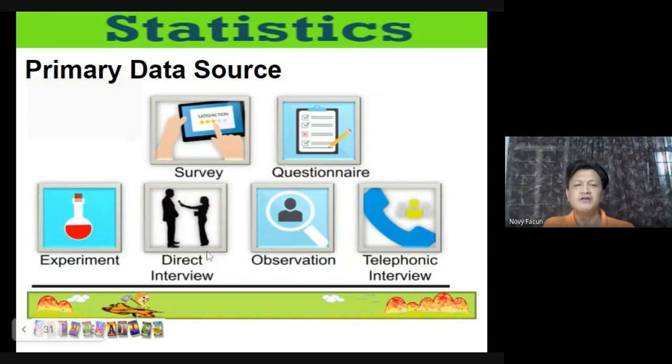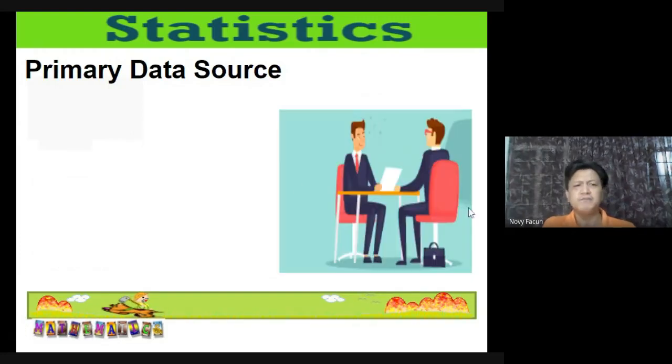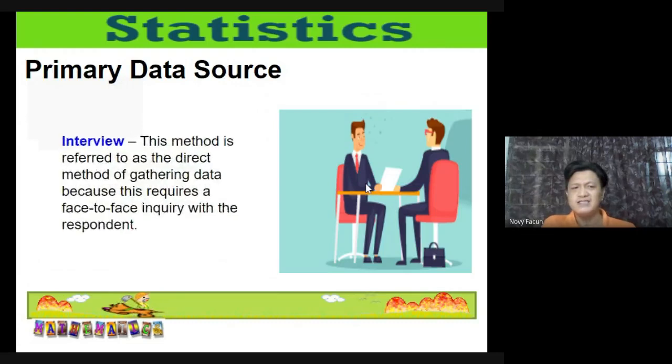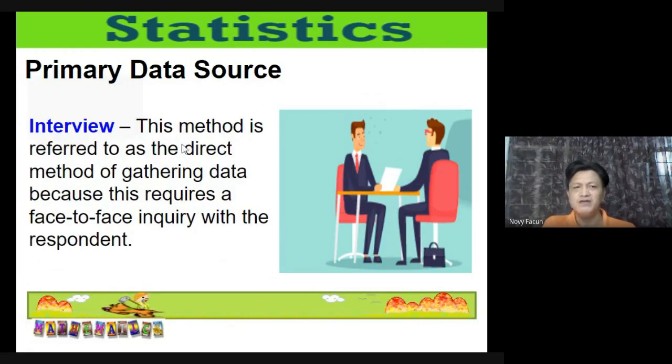Okay, under sila na interview. Okay, so with that, pag sinabi natin primary data, so etong titignan natin, no, paano ba makakakuha ng data dito? So this is interview. Pag sinabi interview, this method is referred to as the direct method of gathering data because this requires a face-to-face interview or inquiry with the respondent.